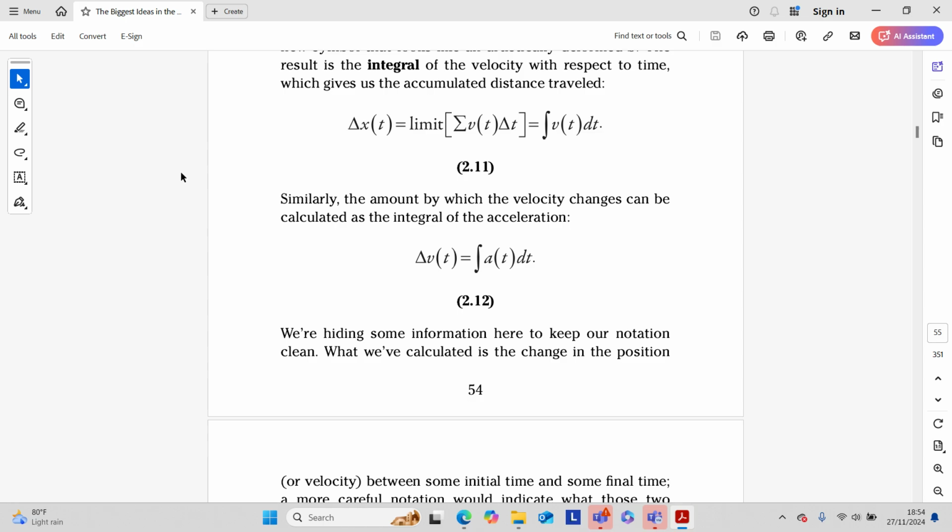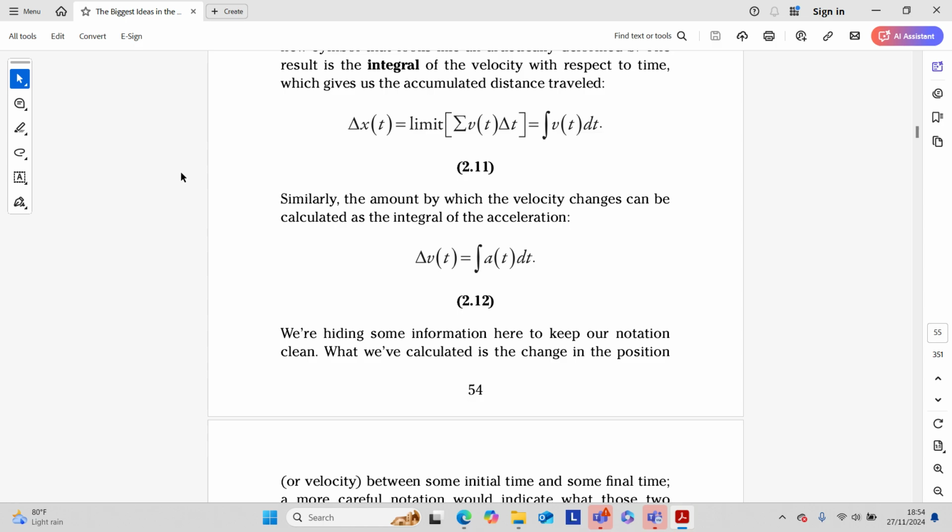Delta x equals the limit of the sum of v(t) delta t, which equals the integral of v(t) dt. Similarly, the amount by which the velocity changes can be calculated as the integral of the acceleration: delta v equals the integral of a(t) dt.